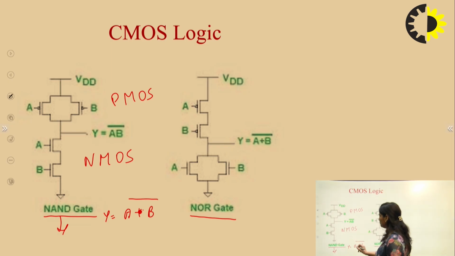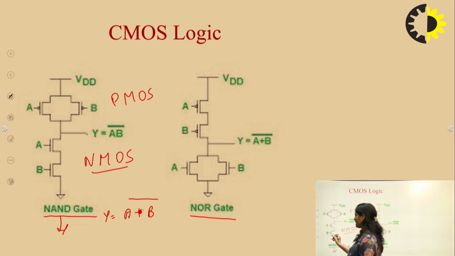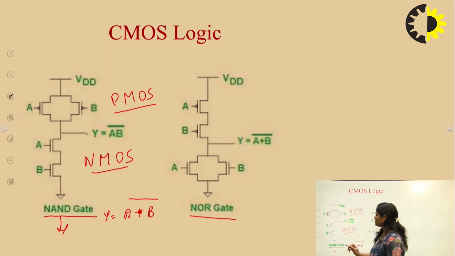So A and B, two inputs are there. So in the case of NMOS, A and B are connected in series, and in the case of PMOS, A and B are connected in parallel.